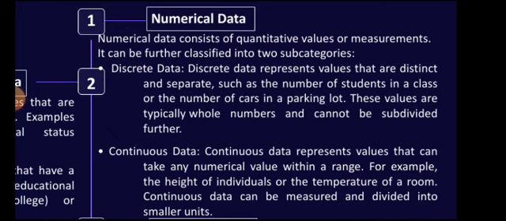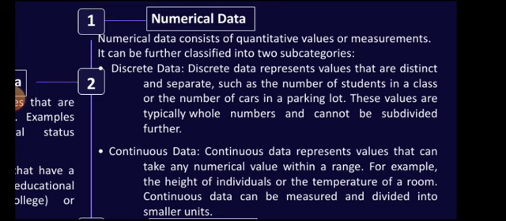You have the discrete data, and these discrete data represent the values that are distinct and separate, such as the number of students in the class, the number of cars that park in the parking lot. Now, these values will always be in whole numbers. It cannot be subdivided further. There is nothing like 1.5 car or 1.5 students.